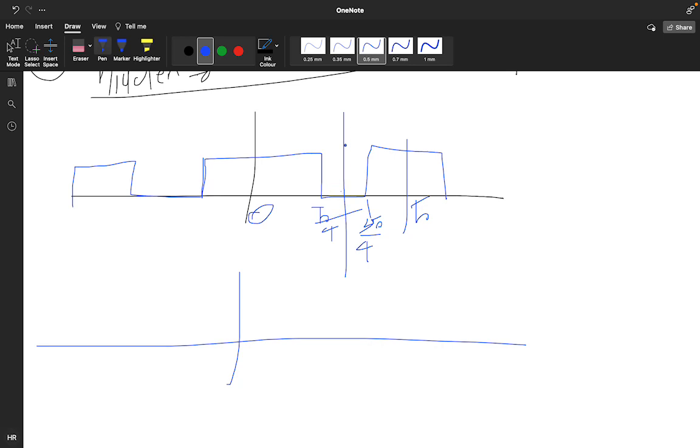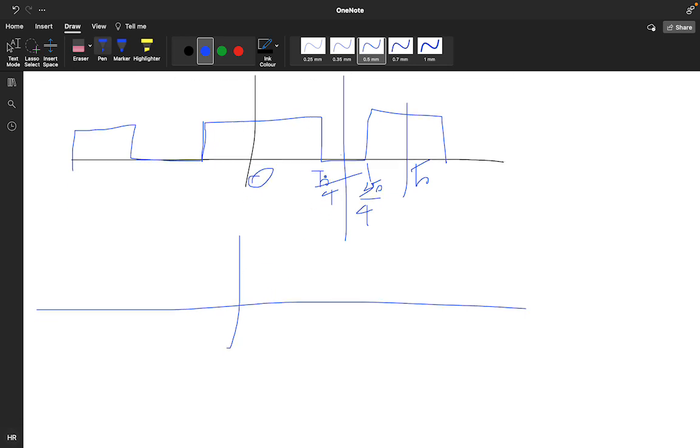So when you shift this particular signal, 0 will come here, and when you reverse the signal, it will look like this. Let me correct it. When you reverse the signal, try by yourself, then only you will understand.